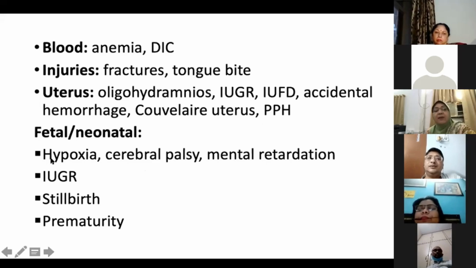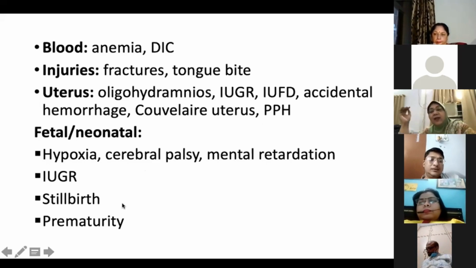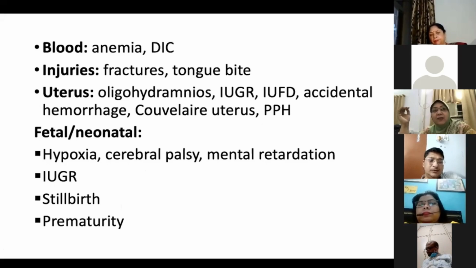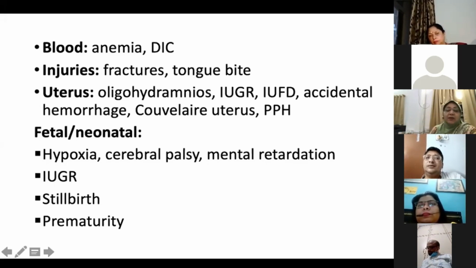In the baby, there will be hypoxia, cerebral palsy, mental retardation later on, IUGR, stillbirth, prematurity. Now, apart from that, there are also long-term effects in the mothers who have eclampsia, preeclampsia, that they are liable to develop hypertension later on in life. And there is a risk of recurrence in the next pregnancy as well.